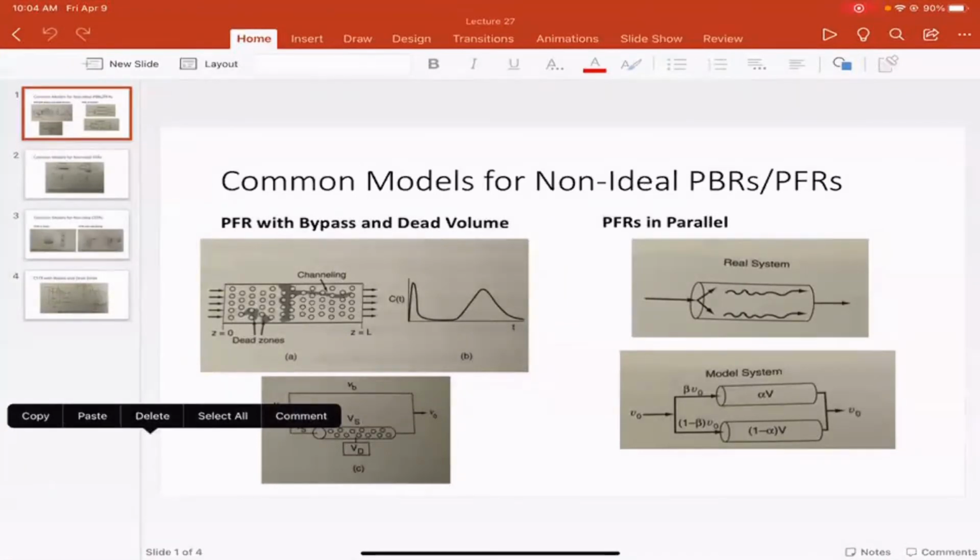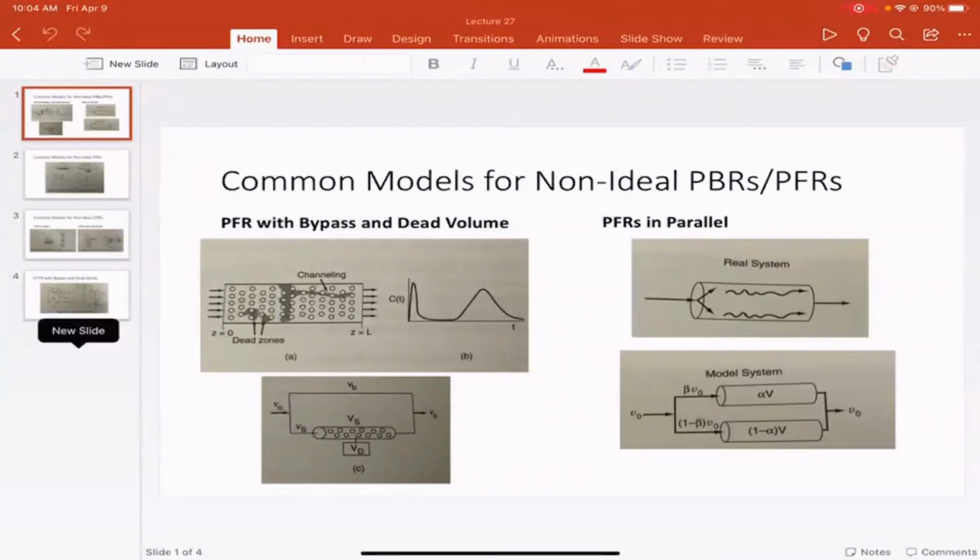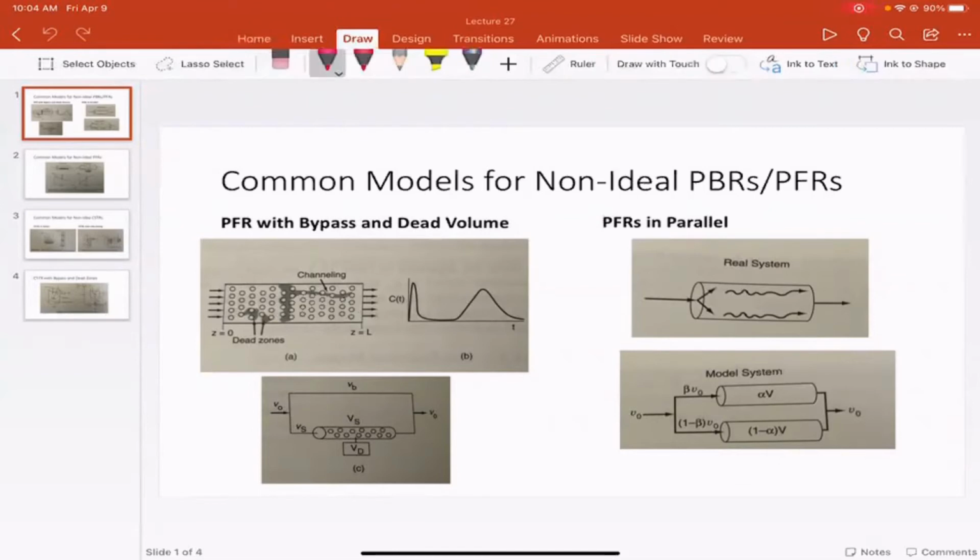So I'm just going to show you a couple of examples here. And so we'll start here on the left-hand side. So this is like a packed bed reactor or a plug flow reactor with dead volume and bypass. And that's the thing that's trying to be shown here, that you have some areas where you're clearly just going through the reactor, right?